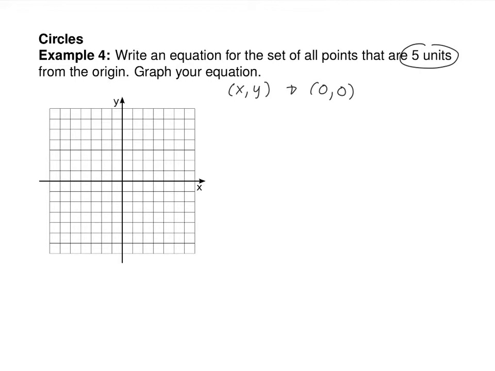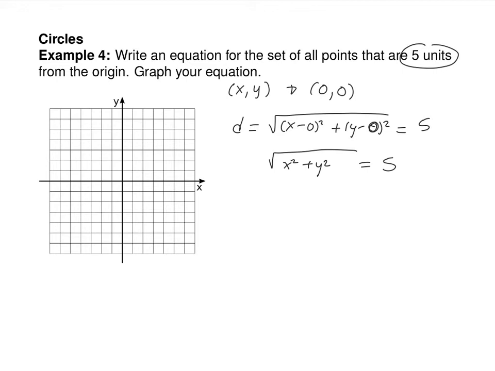And what this says is that the distance between them, the square root of x minus 0 squared plus y minus 0 squared, what is that going to always equal if we're always 5 away? It'll always equal 5.